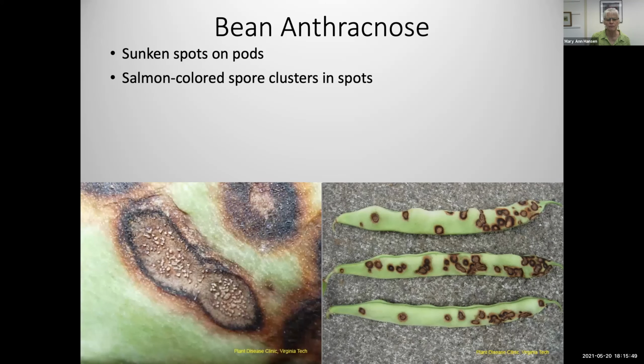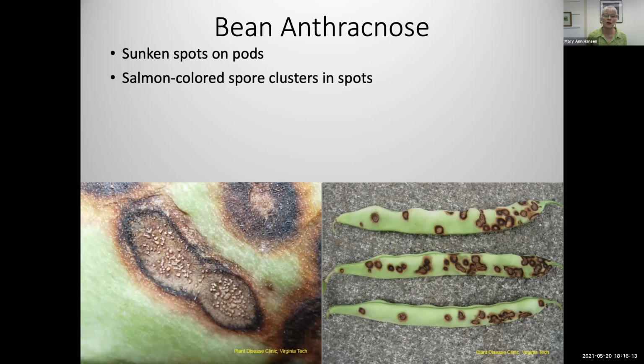And they will often have a lot of little dots of a salmon colored, kind of gooey looking material in them. And those are clusters of fungal spores. And each one of those little teeny dots within the pod spot can have hundreds and hundreds of spores, and each fungal spore can start a new infection.